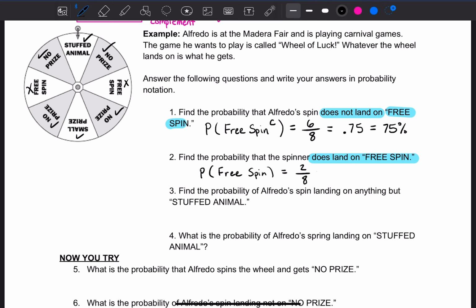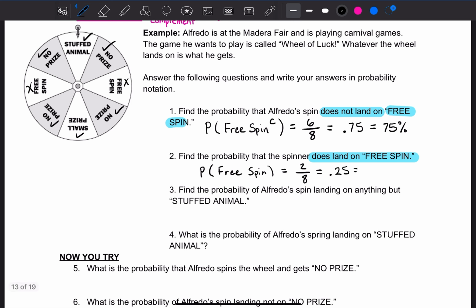And if I convert that into a decimal by doing 2 divided by 8, I will get 0.25, and that as a percentage would give me 25%. Now that's one way of doing it.